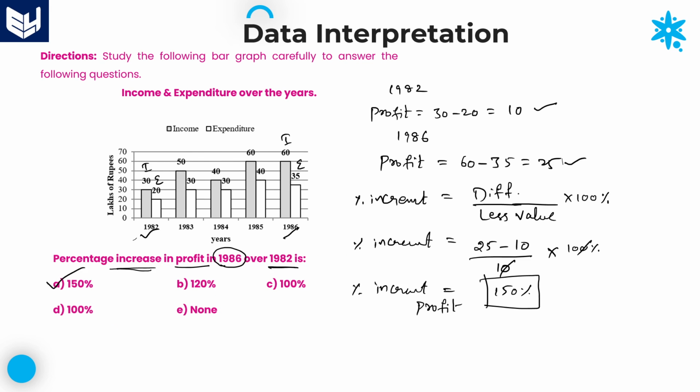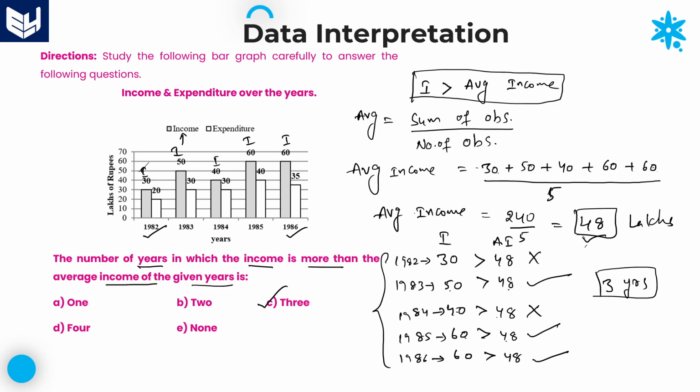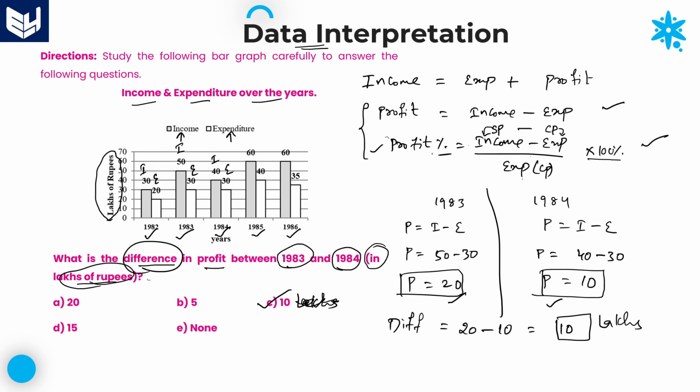Profit is nothing but income minus expenditure, whereas profit percentage is income minus expenditure divided by expenditure into 100 percentage. Sometimes he will mention it in the problem, sometimes he will not, but you have to note it out. In this way you need to solve the questions.